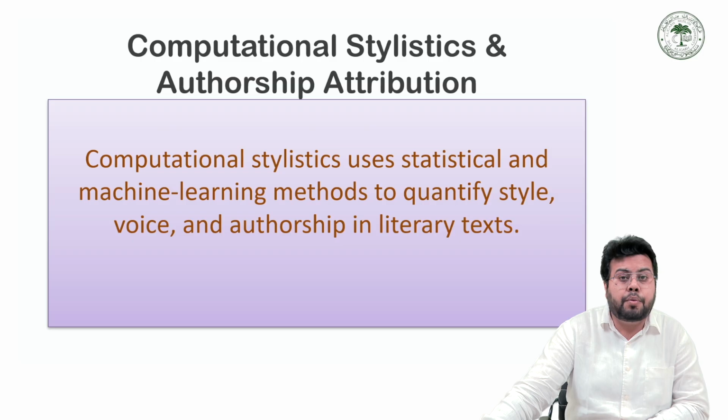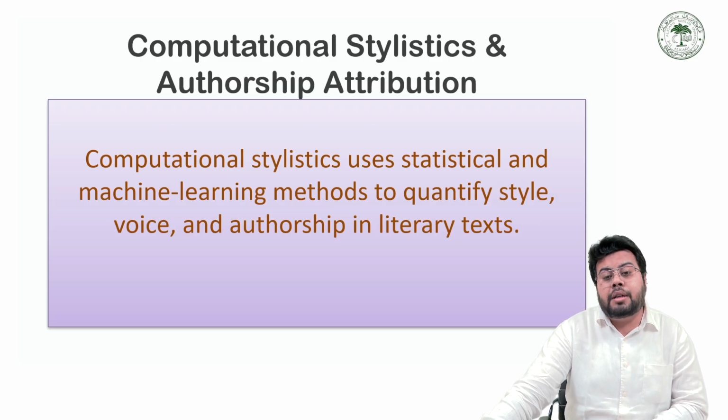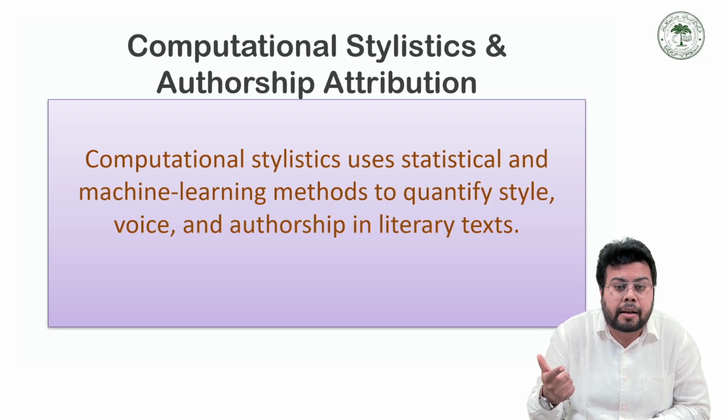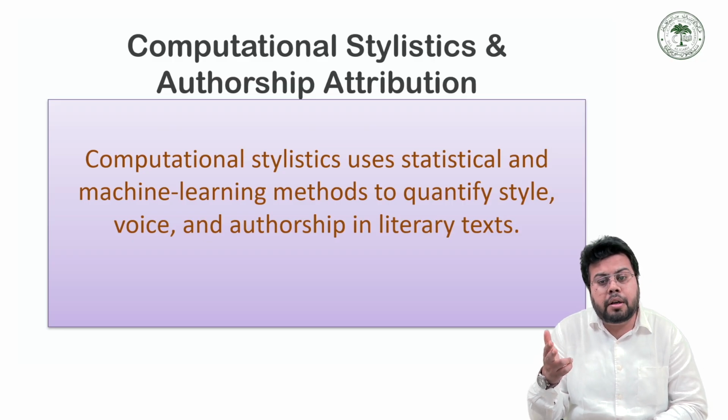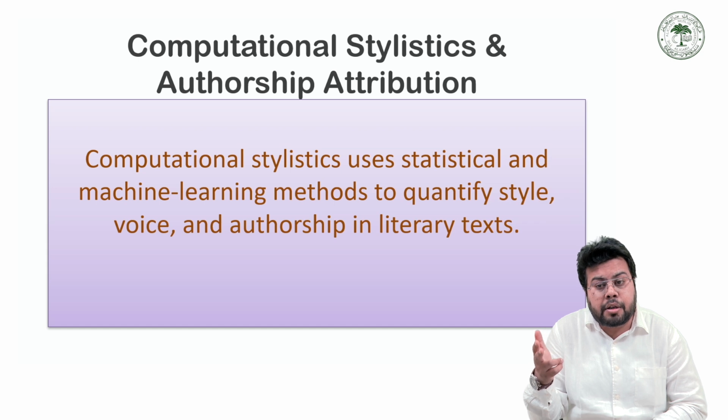Now, in simple terms, we can say that computational stylistics uses computers to study and measure writing style. Authorship attribution uses those stylistic measurements to identify who wrote a text.